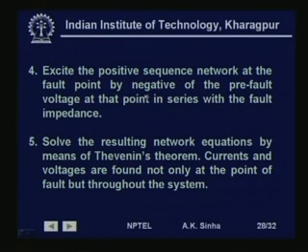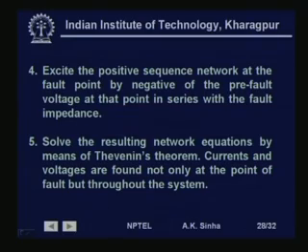When we do this, it will give us the currents and voltages caused by the introduction of the fault, that is, the changes caused by this fault, and these can be superimposed on the pre-fault values to get the final values. Solve the resulting network equations by means of Thevenin's theorem. Currents and voltages are found not only for the point of fault, but throughout the system.